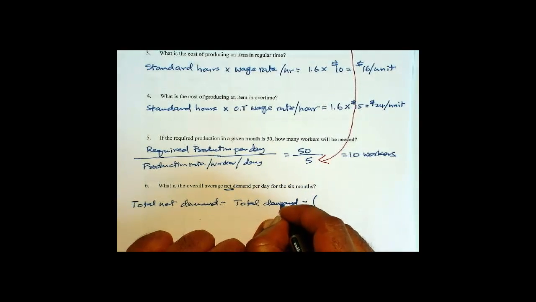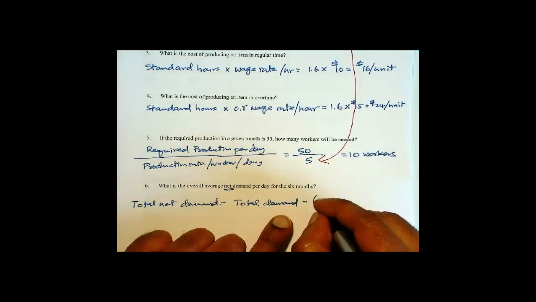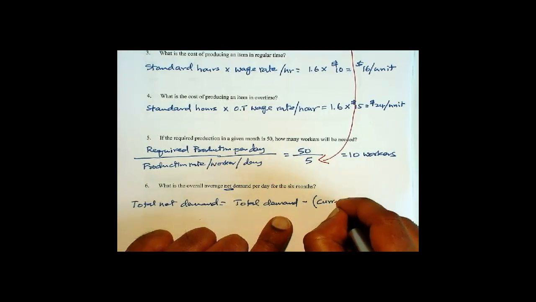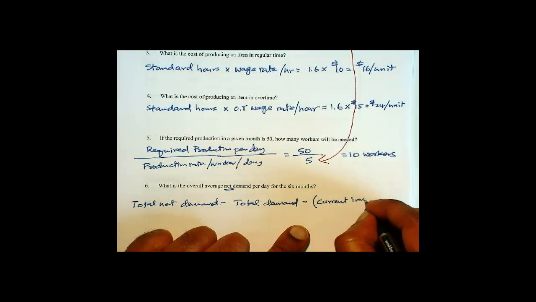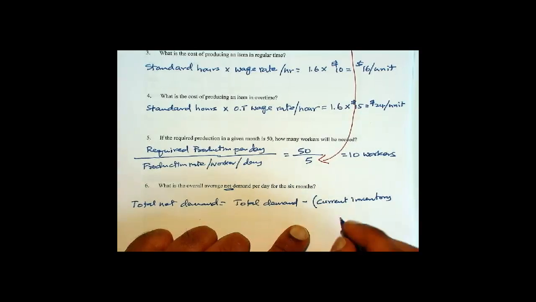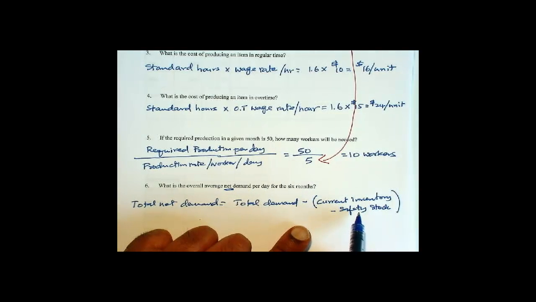So the entire demand need not be produced. So minus current inventory. But some of this current inventory will have to be set aside for safety stock. So the net is what we have to produce. Sometimes if the current inventory is not sufficient to meet the safety stock, this will be a negative number, so negative will get added to your total demand.